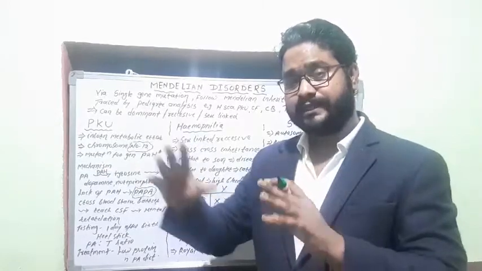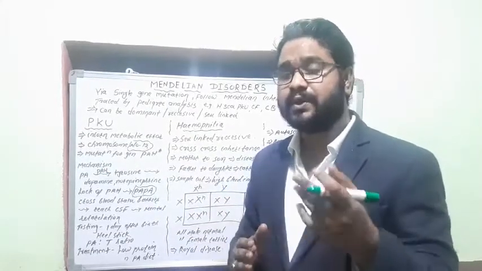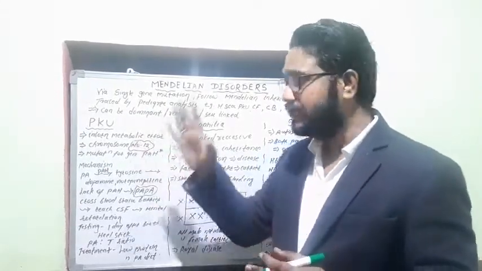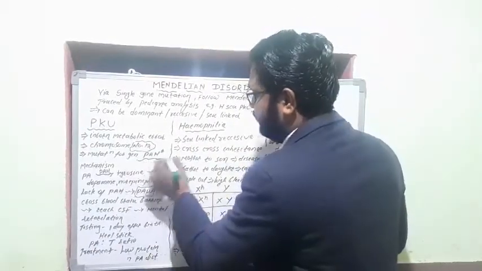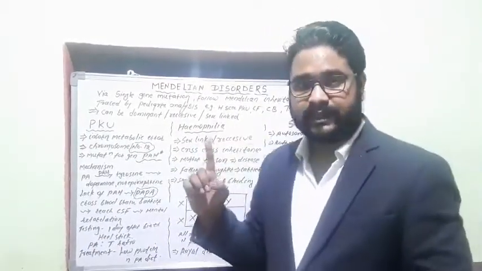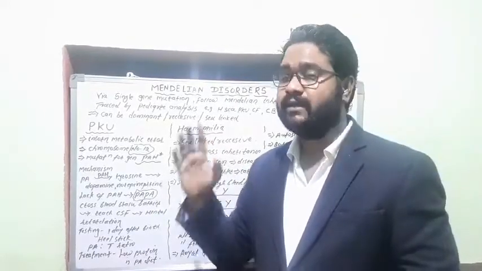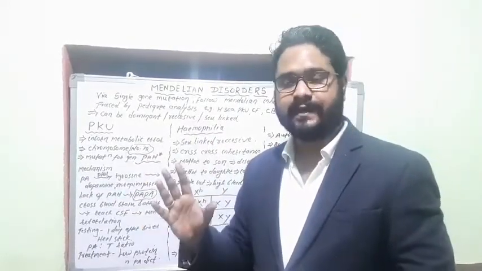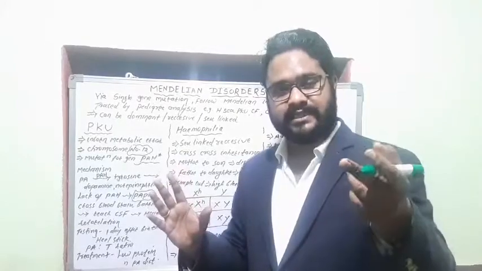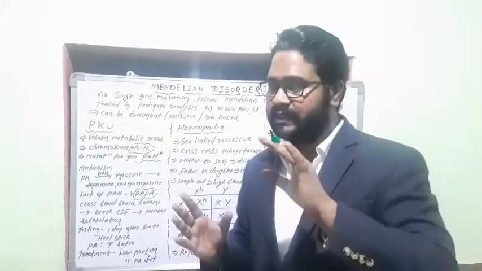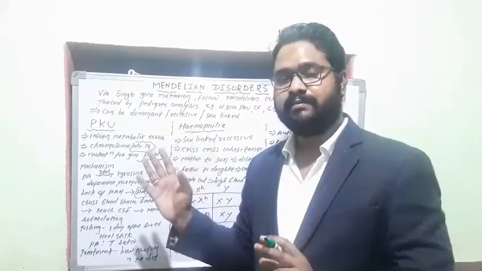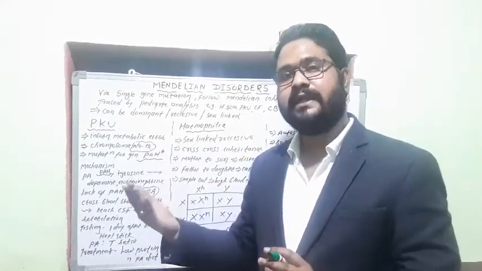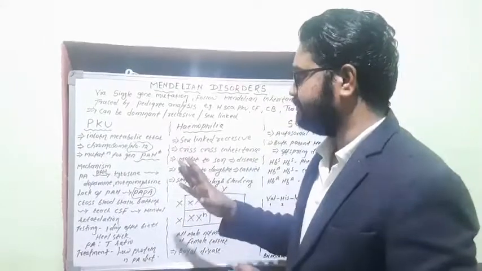Mutation means mutare, to change, which is not normal. The gene that codes for the enzyme phenylalanine hydroxylase. So remember the enzyme phenylalanine hydroxylase. The gene that codes for this enzyme is mutated, and that's why it is not producing that enzyme, resulting in a metabolic error.